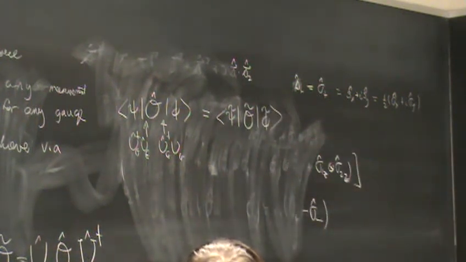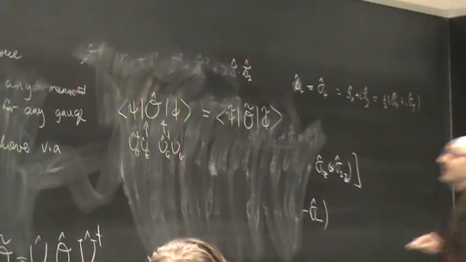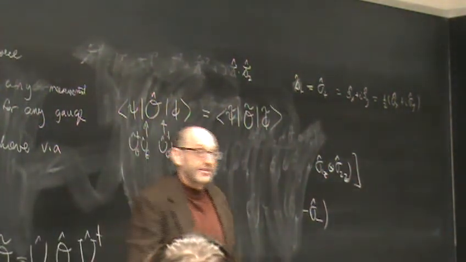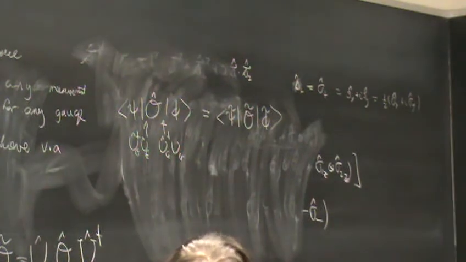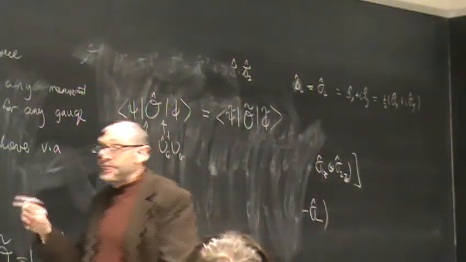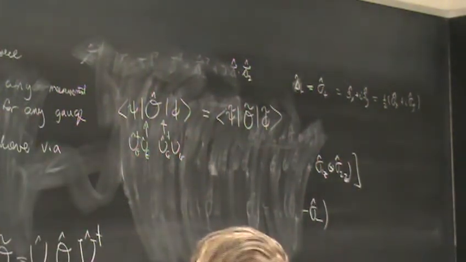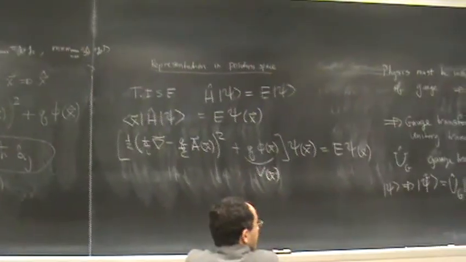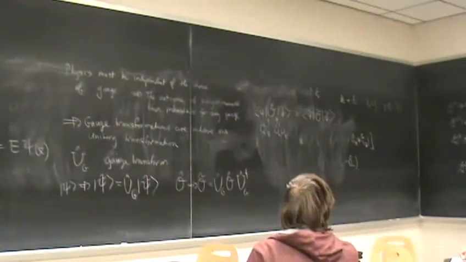So if I transform the operators and the states by these unitary transformations, I don't change the physics. Now I want to show you that there is a U that achieves a gauge transformation, and that will have profound implications for fundamental physics.